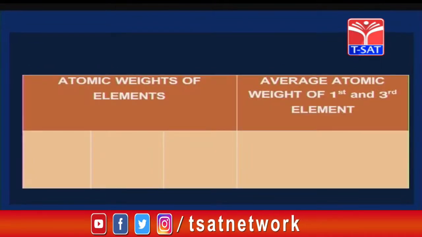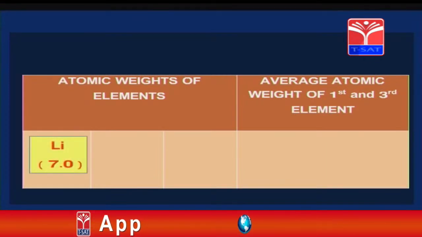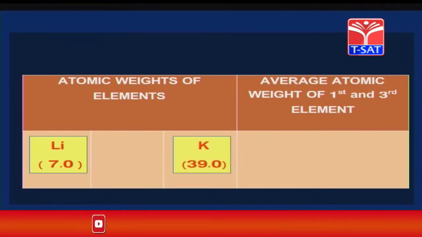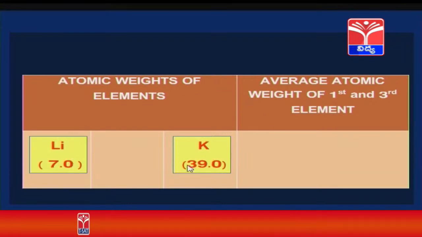Now, let us see here the atomic weights of 3 elements I have given. It is lithium whose atomic weight is 7, potassium whose atomic weight is 39. Lithium is the first element in the Dobereiner triad and potassium is the third element.